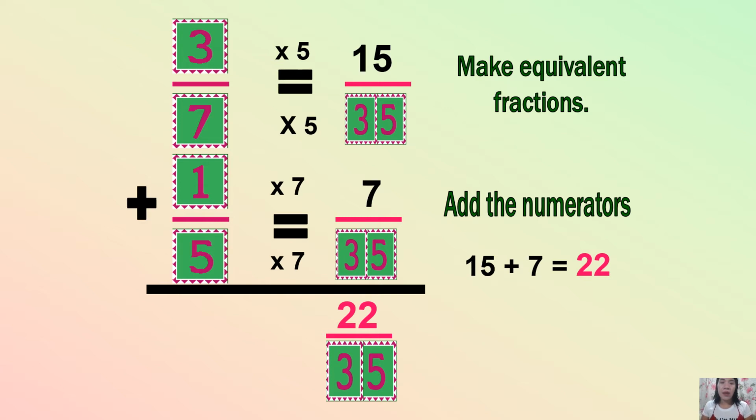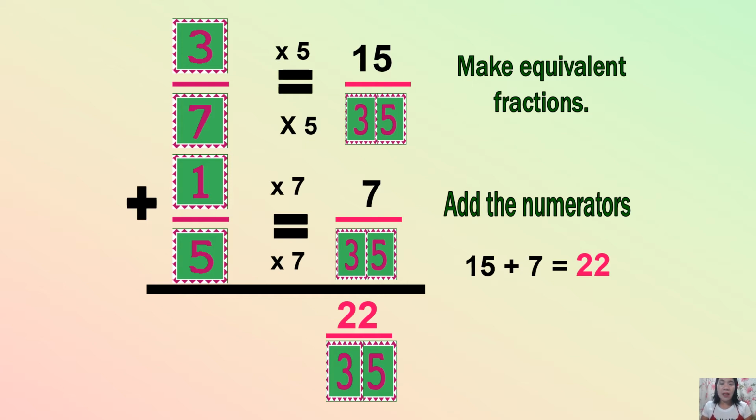In our example, 35 is common to both, so we have to think of a number that can be multiplied by the denominator that will result in 35. Here, 7 times 5 is 35, and the other one, 5 times 7, is 35. So that's our denominator.